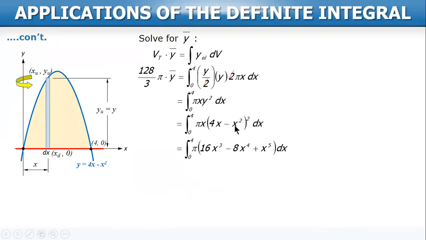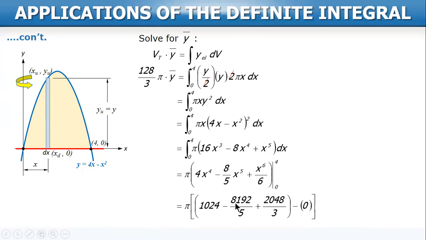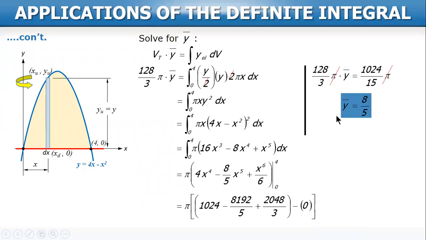And then square of this, x raised to 4 times x, x raised to 5. And then integrate and then evaluate from lower to upper limits. Simplify and then equate sa left side. And then cancel pi. Y bar is equal to 8 over 5. So, this will be the result.